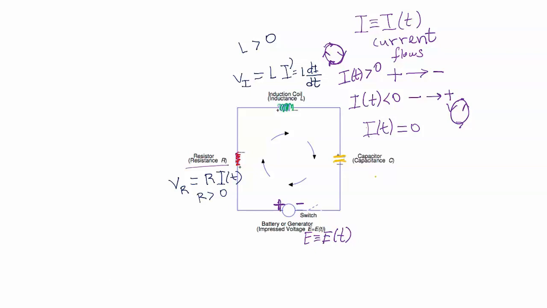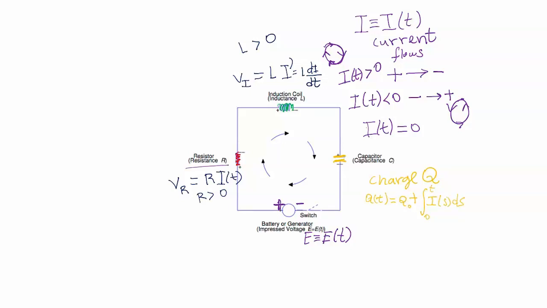The charge is denoted as a state variable Q, and the definition is that Q of t is given by Q sub 0 plus the integral from 0 to t of the current, where I'm going to use an integration variable, little s, ds. This is the definition of electrical charge that is stored at the capacitor.